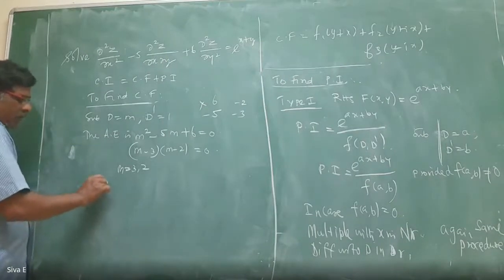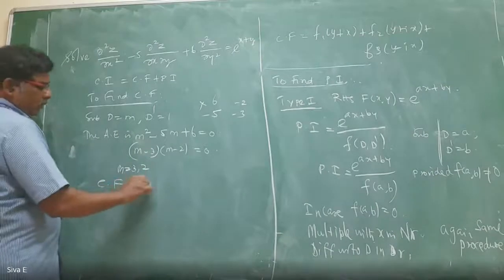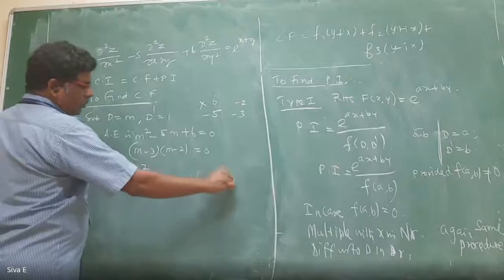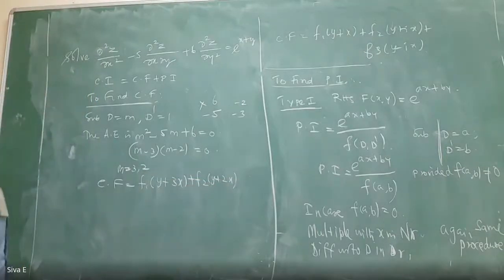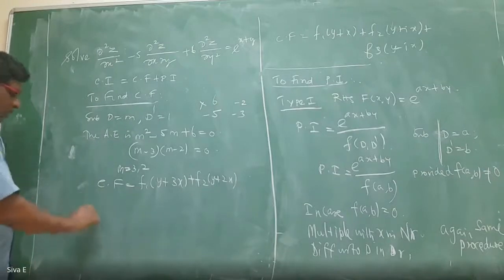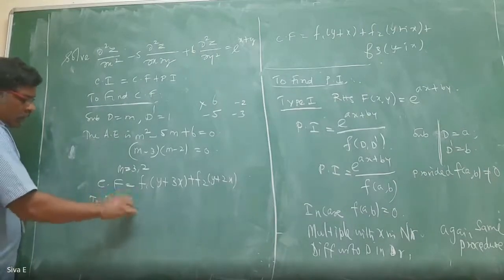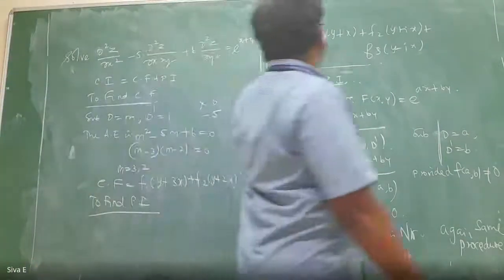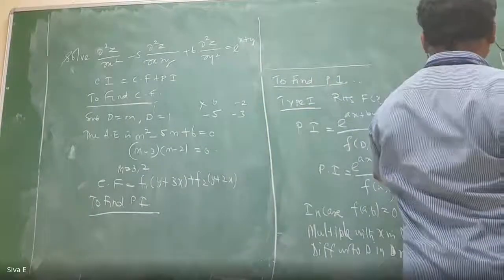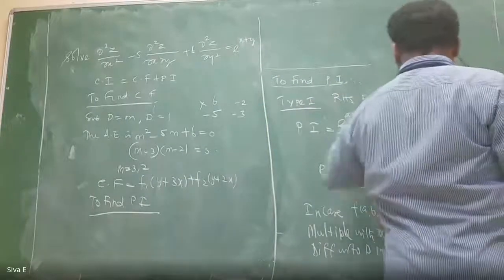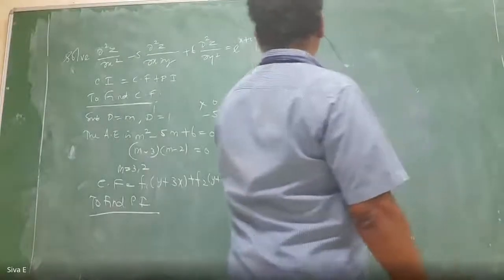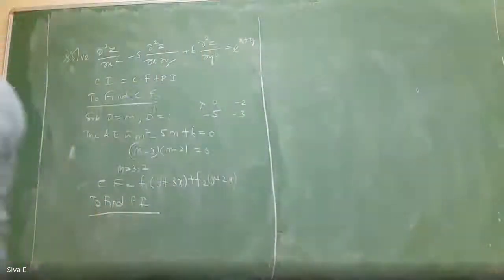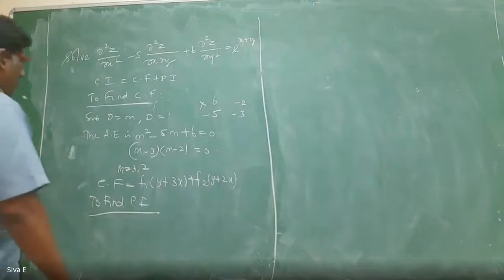Then the complementary function equals f1 of y plus 3x plus f2 of y plus 2x. To find the particular integral, how to write it here?